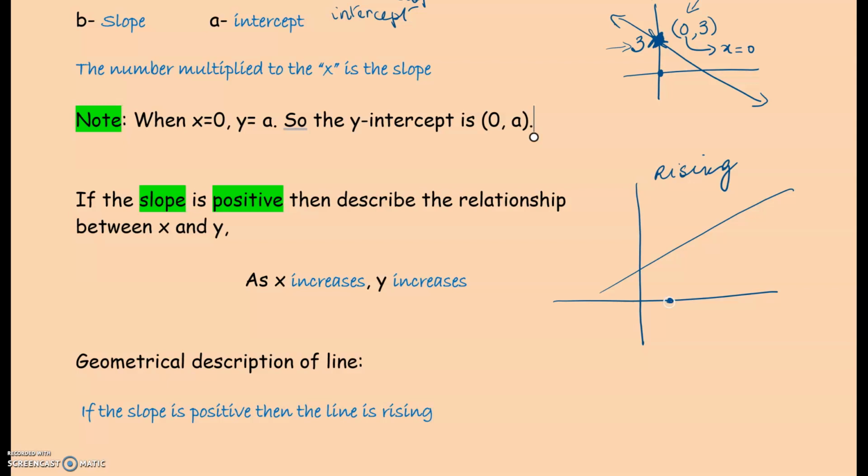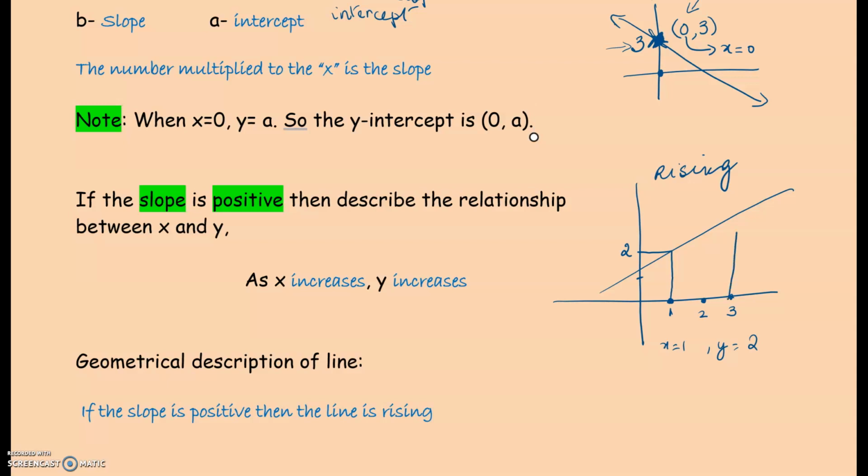Suppose I take an x here, let's say x is 1. The y corresponding to x equals 1 is, let's say, 2. So when x is 1, y is equal to 2.